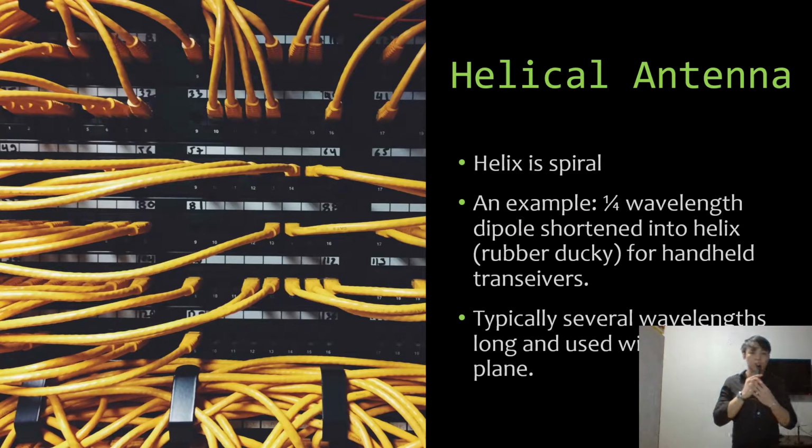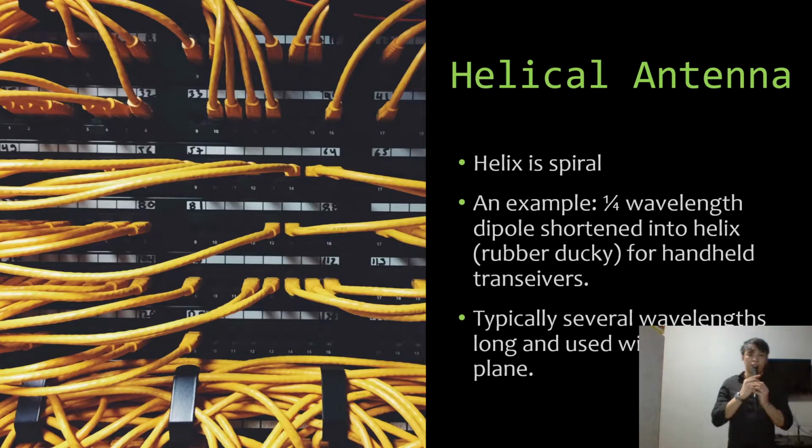So the next one is the helical antenna. From the word itself, helix, it is a spiral antenna. An example is a 1/4 wavelength dipole shortened into a helix, or rubber ducky, for handheld transceivers.